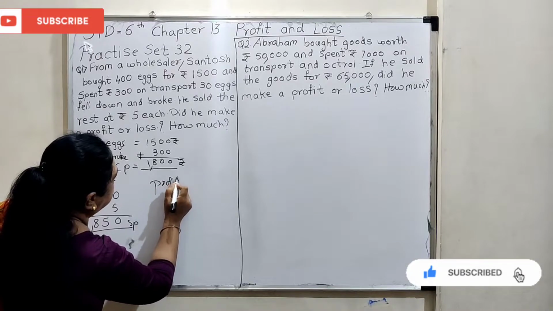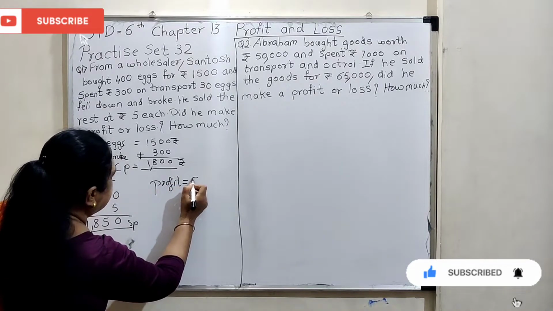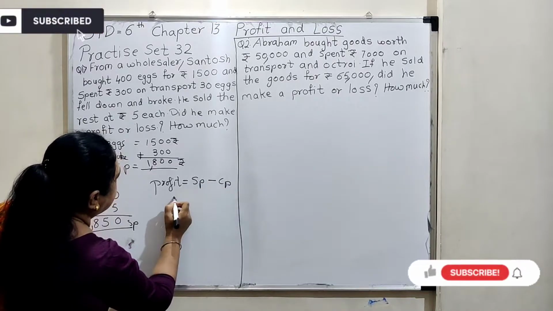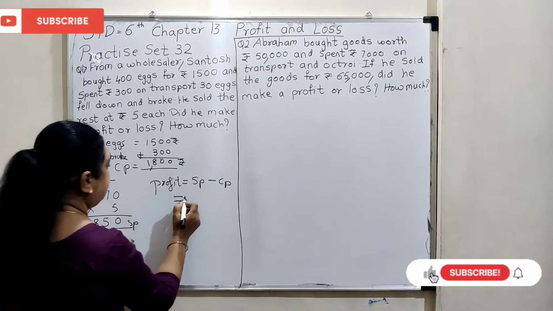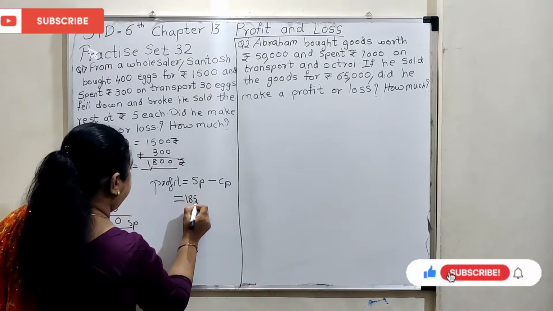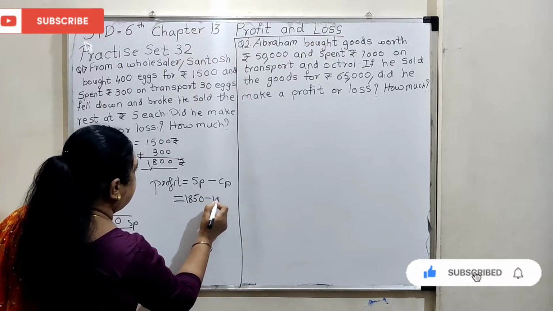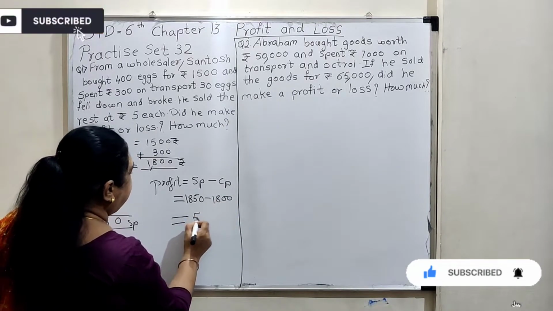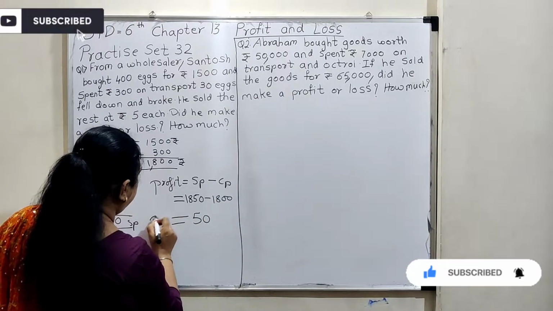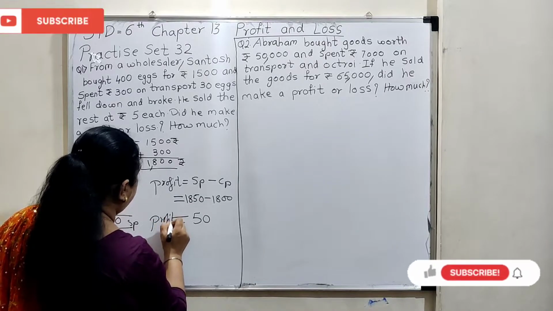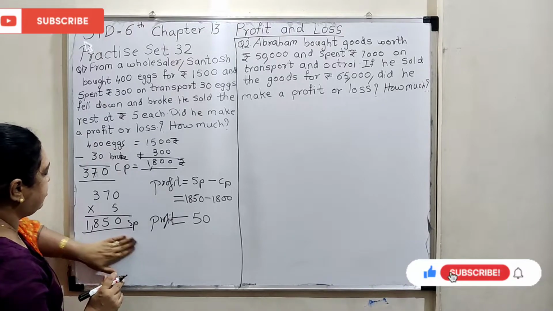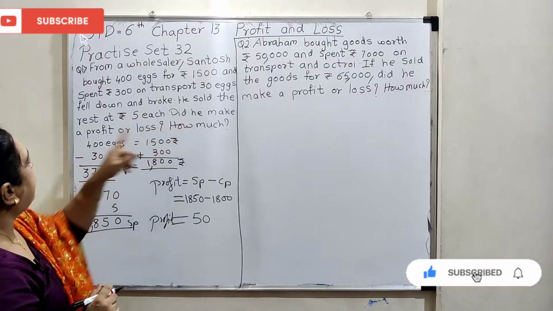He made a profit. So you can write here, profit is equal to selling price minus cost price. The selling price is 1850 minus 1800, that is equal to 50 rupees. They have asked, did he make a profit or a loss?